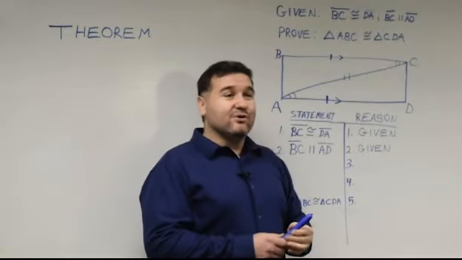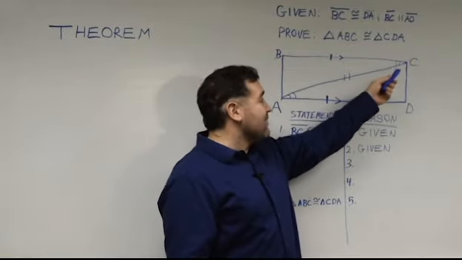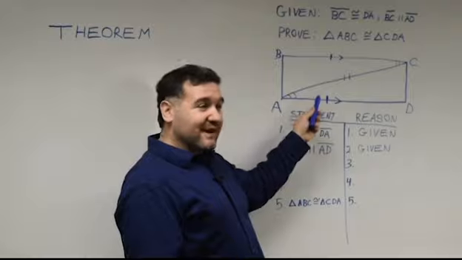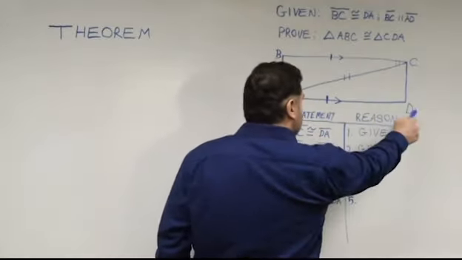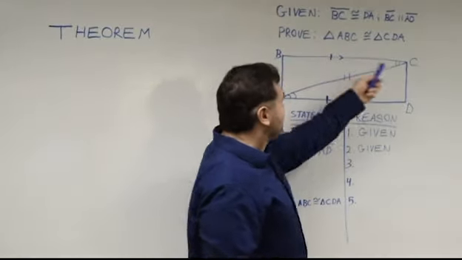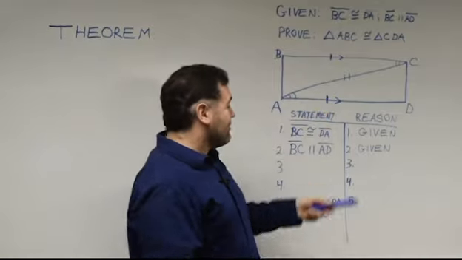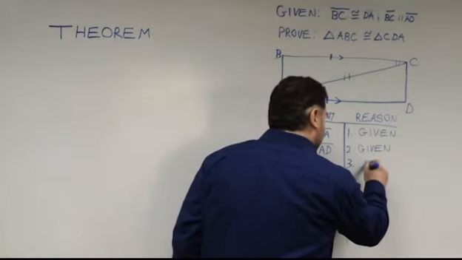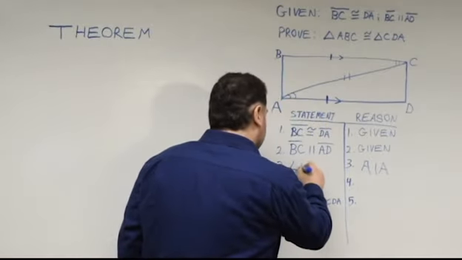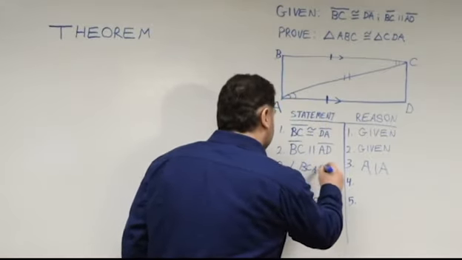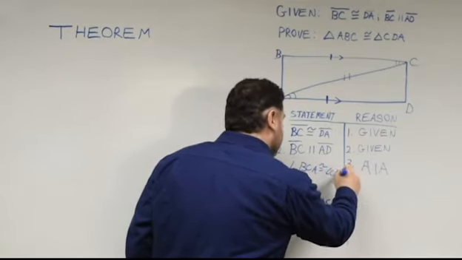And I also know that whenever we have two parallel lines, a transversal passing through them will create opposing sets of angles which are congruent, such as angle CAD and angle BCA. I know that these two angles are congruent to each other by the alternate interior angle theorem. So angle BCA is congruent to angle CAD.